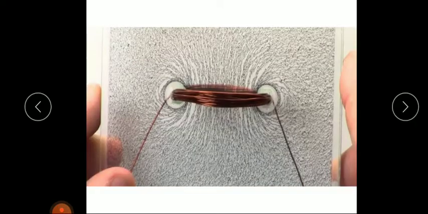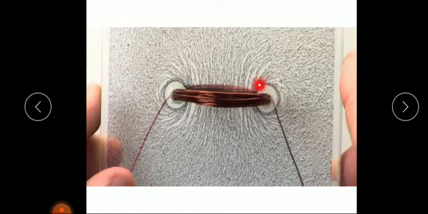While passing current through this coil, what happens? A current carrying conductor develops a magnetic field. Due to this magnetic field, the iron powder arranges like this, which means that these are the magnetic field lines around a circular coil.